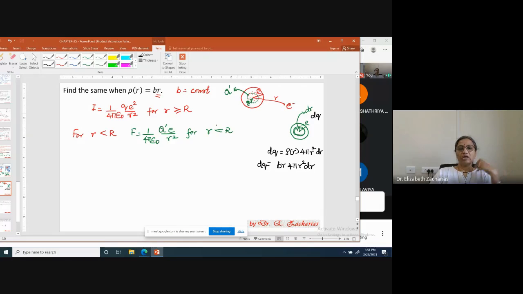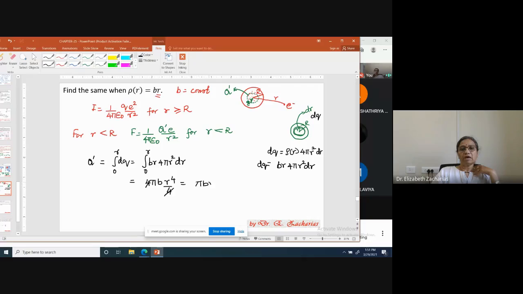Now I want the total charge within this radius small r. So what do I do? If I want my Q prime, I integrate from 0 to small r of dq, which is the integral from 0 to small r of rho times 4 pi r square dr. This becomes 4 pi d into r to the power of 4 by 4, that is pi d r to the power of 4.